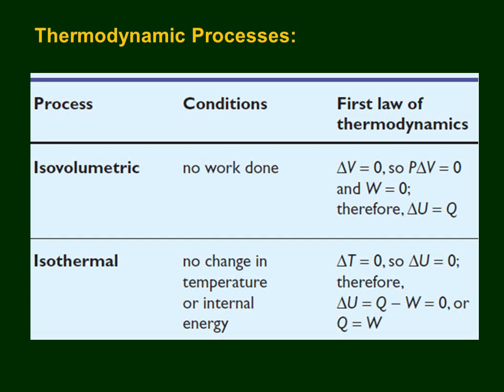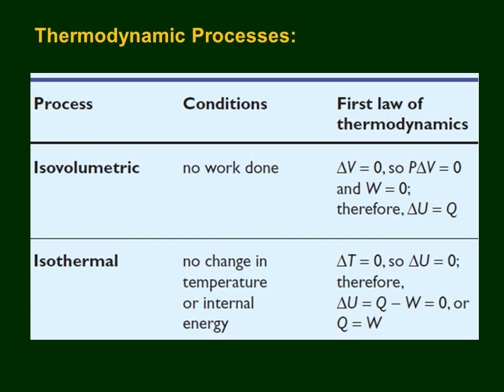If Q is positive, delta U will be positive, an increase in the internal energy, and heat is gained. If heat is lost by the system, Q will be negative, delta U will be negative, the internal energy decreases, and the temperature decreases. This is the isovolumetric process.